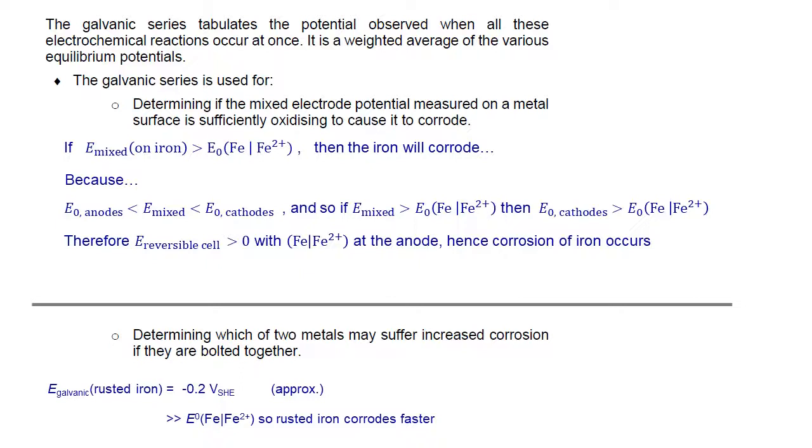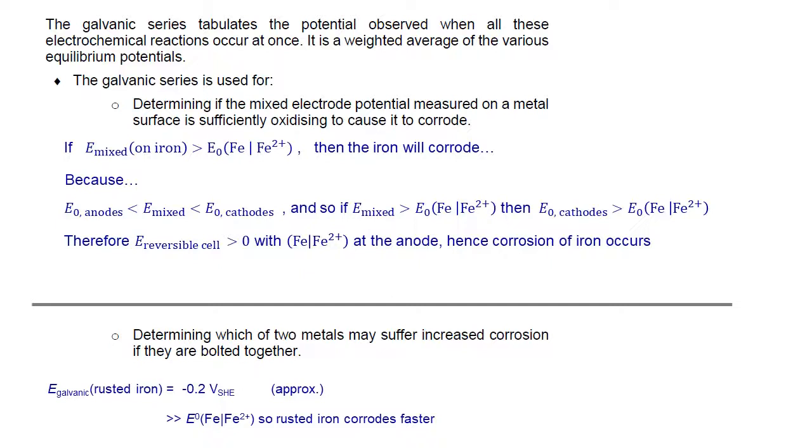Now, this mixed surface potential is always somewhere between the equilibrium potentials of the anode or anodes, which are at a lower potential than the mixed surface potential, and the cathode or cathodes, which have a higher equilibrium potential. But the exact value of the mixed surface potential is difficult to specify just from that information because it has some sort of weighted average value between the equilibrium potentials of all the processes on the metal surface.